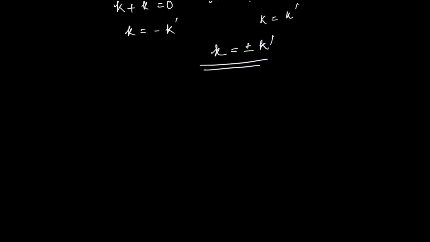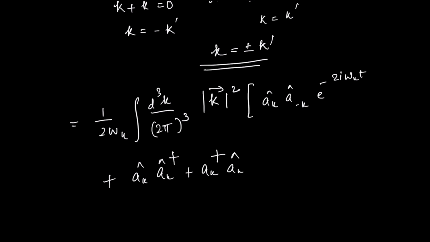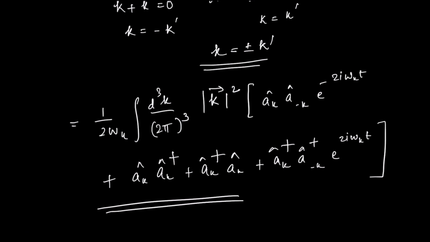So this will be 1/(2ω_k) integral d³k/(2π)³ mod k squared, a_k a_{-k} e^{-2iω_k t} plus a_k† a_k plus a_k a_k† plus a_k† a_{-k}† e^{2iωt}. Okay, so this is the second term of the Hamiltonian.